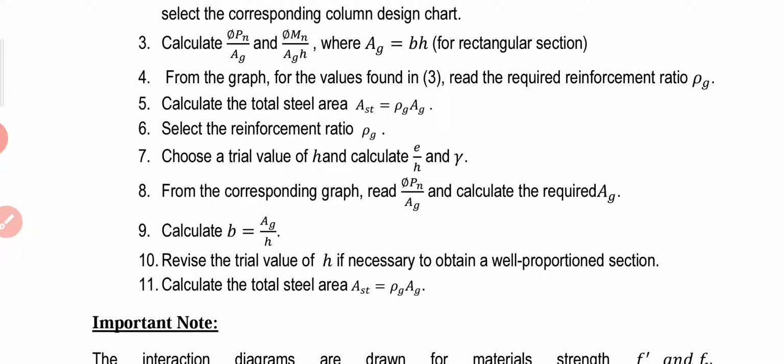Calculate b, which is Ag upon h. Revise the trial value of h if necessary to obtain a well-proportioned section. Calculate the total steel area Ast equal to rho g into Ag.